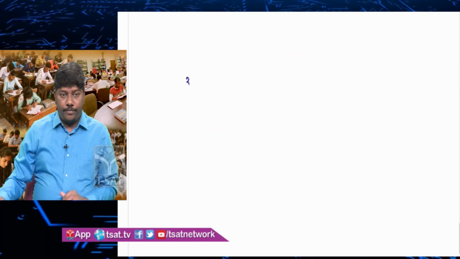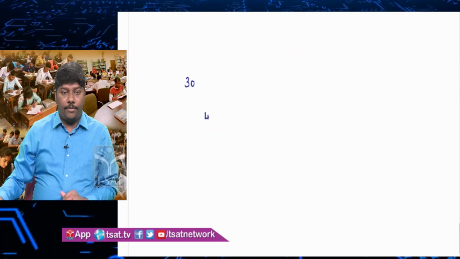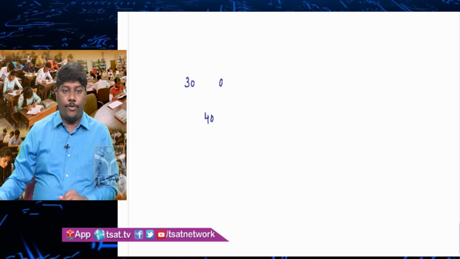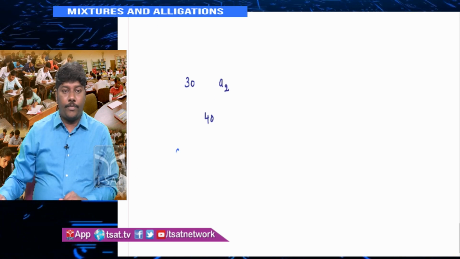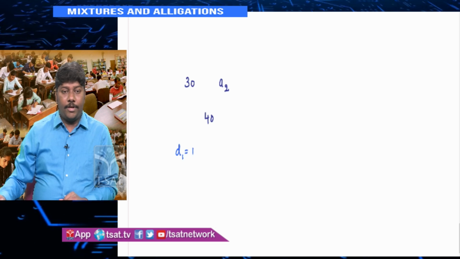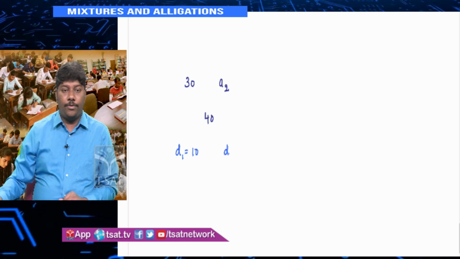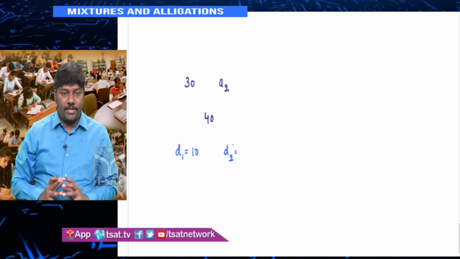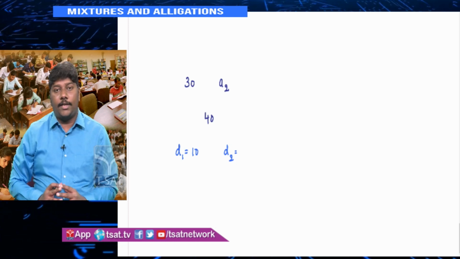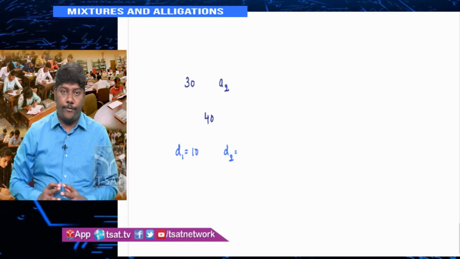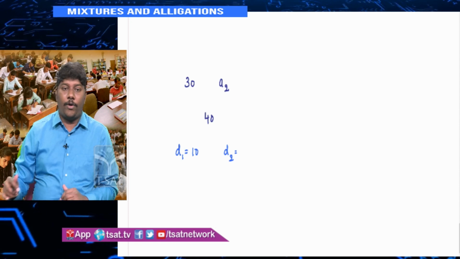Suppose I give you this is 30, this one is 40, your A2 is A2 only. Now, what is your D1? D1 is equal to 10 because you know the difference. Now, what is D2? Can I write 40 minus A2 or A2 minus 40? That is very important. Here 30 is less than 40, therefore A2 should be greater than 40.